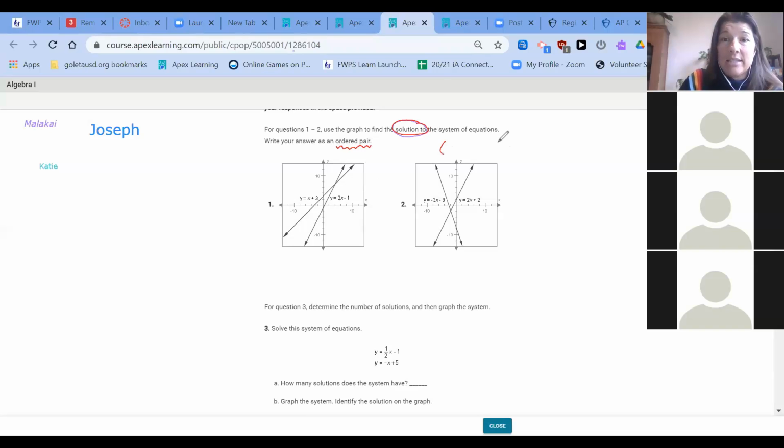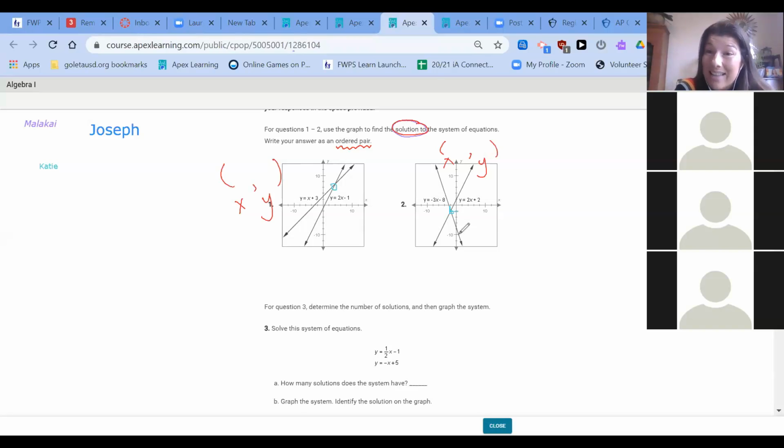When you identify your solution, it's really important that you write it in coordinate pair form, X comma Y. So go ahead and identify the intersection and then write it as a coordinate pair. And those are your solutions. And we see a limitation with graphing.